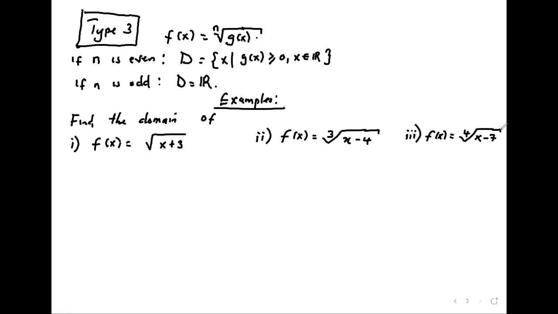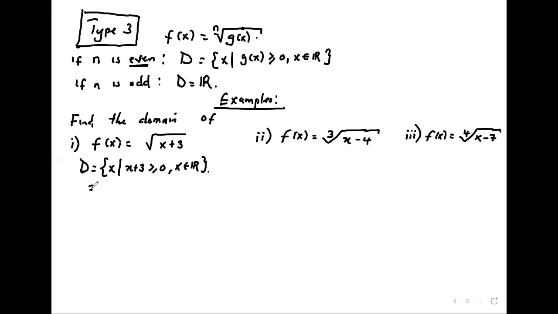Okay, so what are we doing? For the first one, this is type 3, where our eyes are inside the root and checking the n. Now, when the square root is open like that, it means that the number outside is 2, and we call it the square root. So the domain of this, because 2 is even, is going to be x such that x plus 3 is greater or equal to 0, but x is a real number.